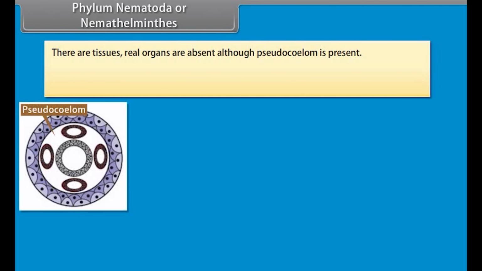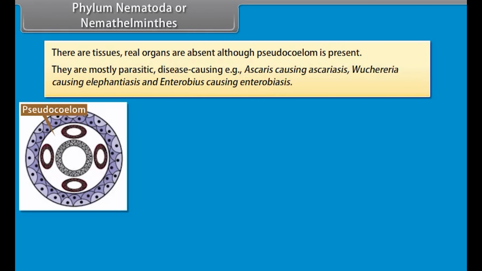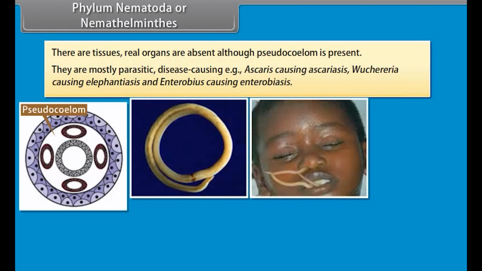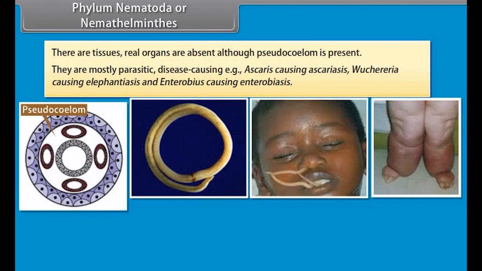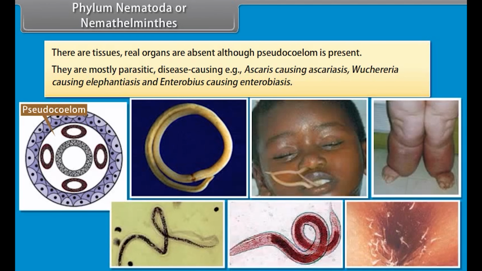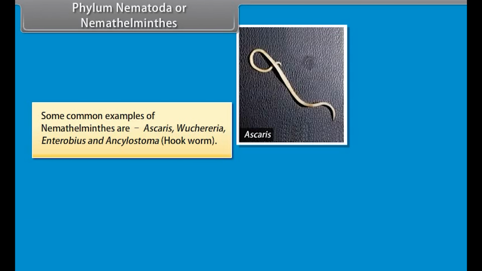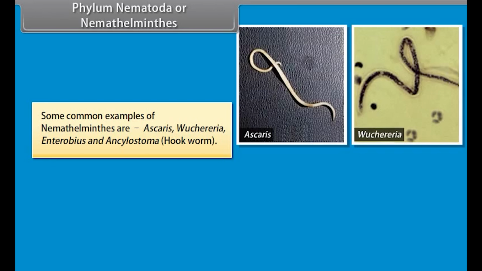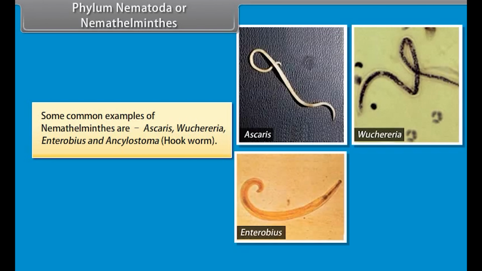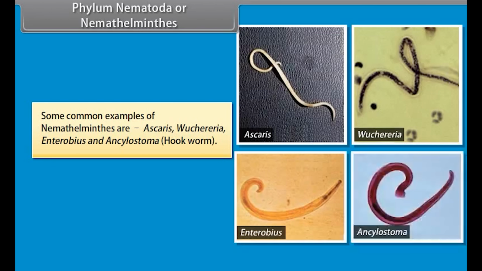There are tissues, real organs are absent, although pseudocoelom is present. They are mostly parasitic, disease-causing, example, Ascaris causing Ascariasis, Wuchereria causing Elephantiasis, and Enterobius causing Enterobiasis. Some common examples of Nemathelminthes are Ascaris, Wuchereria, Enterobius, and Ancylostoma, hookworm.